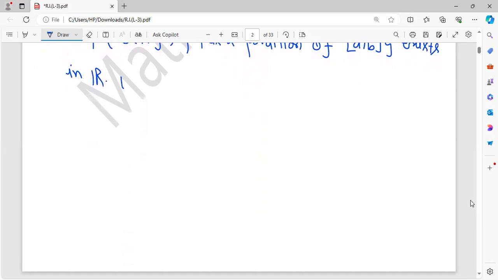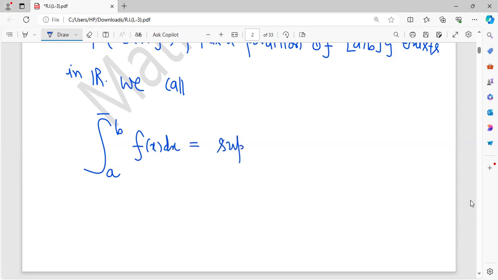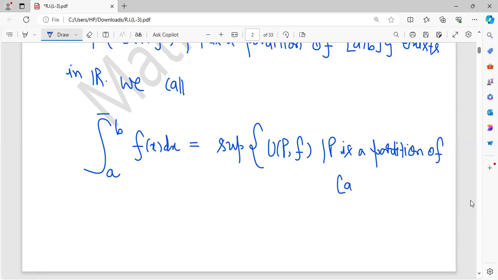We call the integral from a to b of f(x) dx, with a dash line above the integral, equal to this infimum of U(P, f), P a partition of [a, b].